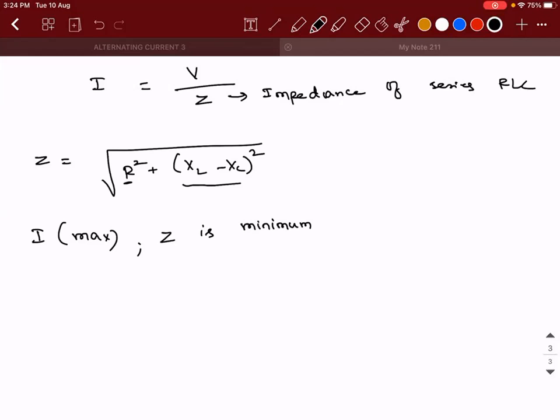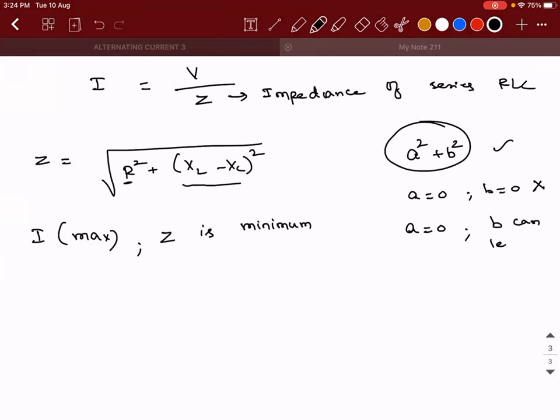Okay. So then there are two conditions. A square plus B square is there. I can make this as a minimum value when A is equal to 0. Other than 0. Okay, one thing is A can be 0 and B can be 0, but this condition is eliminated. So what can happen is A can be 0 and B can be less, or A can be less and B can be 0.